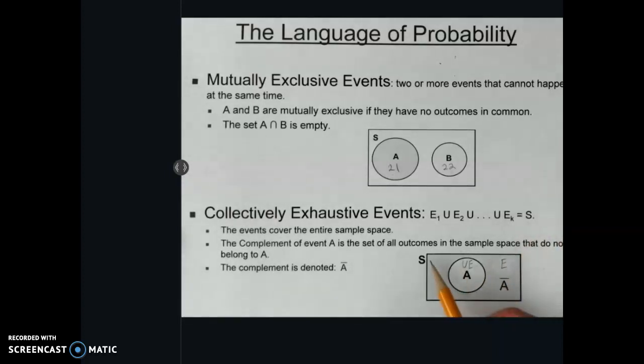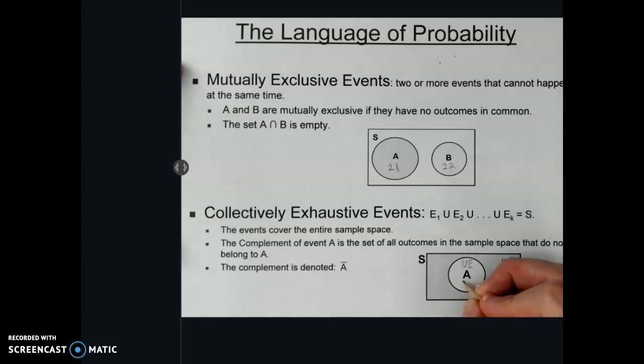That makes these two events collectively exhaustive because everybody in the US population is either employed or unemployed. Another example is if we define event A as smokers in the US. Well, the complement of A becomes non-smokers because everybody in the US must either be a smoker or a non-smoker.